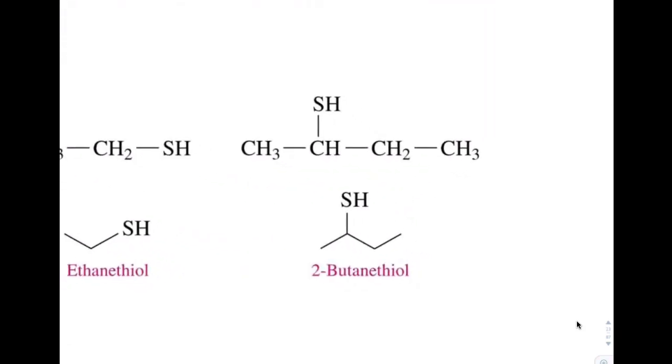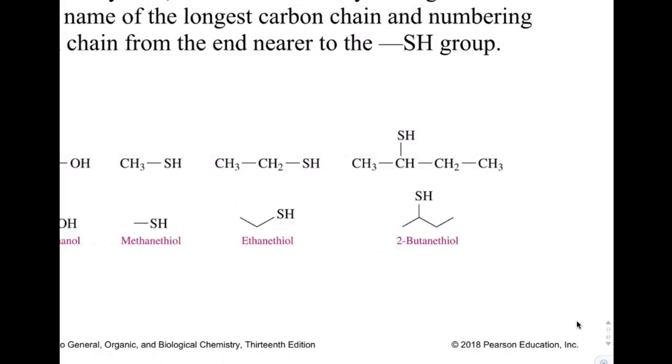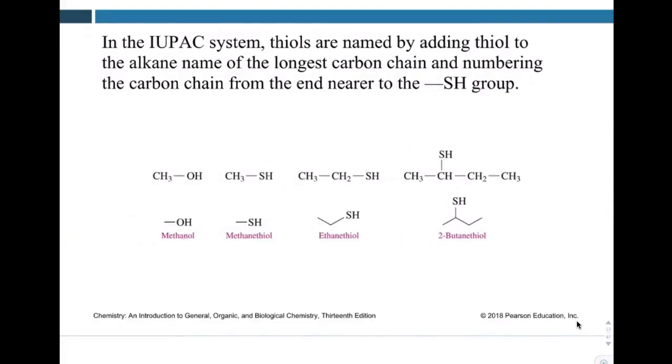Butane becomes butanethiol, and here we have to tell where the thiol is, because once you get more carbons, you've got to tell where the thiol is. The thiol is on carbon 2, so we say 2-butanethiol. Just merge the words together, taking out the space in between, which makes it really simple. There are obviously very confusing common names for this group, but we're not going to worry about those.